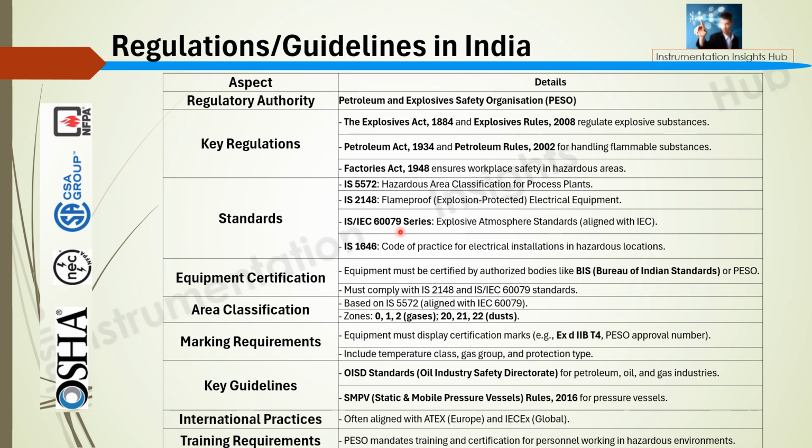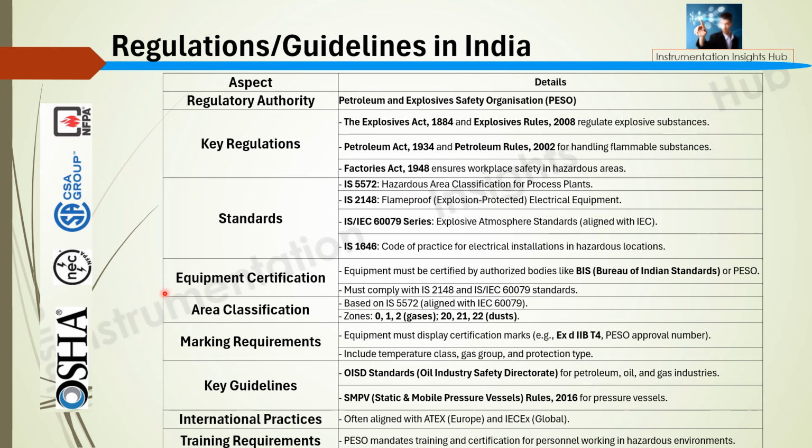I have read IEC 60079 in detail, so I can say it is exactly the same as IEC 60079. So explosive atmosphere standards are aligned with IEC. Then IS 1646, Code of Practice for Electrical Installation in Hazardous Location, and many more.